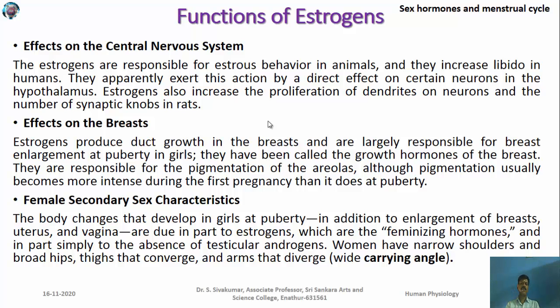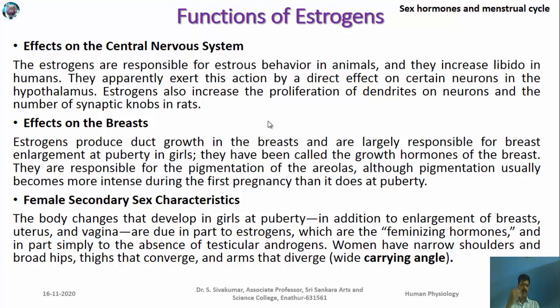Then it is also responsible for the development of breasts in females. The development of breasts occurs during puberty, and it is achieved by the action of this hormone. They are responsible for the pigmentation of the areola, although the pigmentation usually becomes more intense during the first pregnancy than it does at puberty.